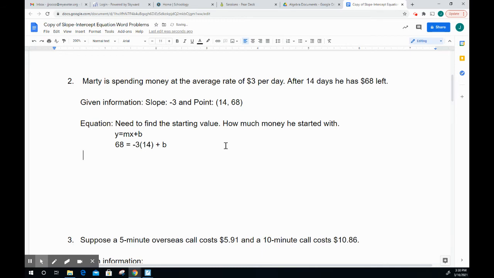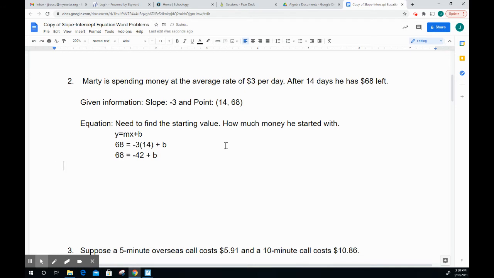All right, a little bit of math here. 14 times -3. It's going to be -42, so 68 equals -42 plus b. You guys can hopefully see where this is going here. We're going to add the 42 to both sides. Oops, don't know what happened there. Add the 42 to both sides. I'm just going to do it here, and you get $110.